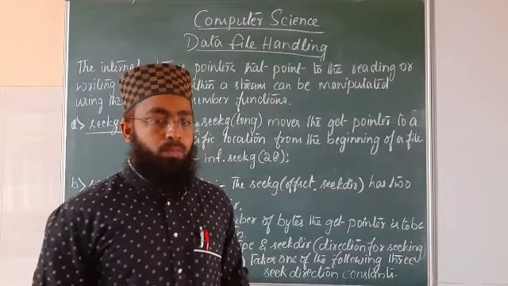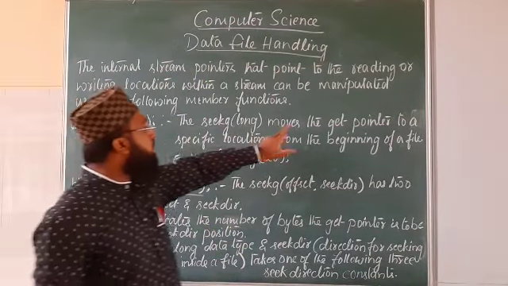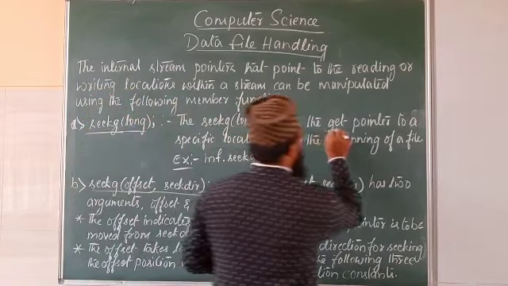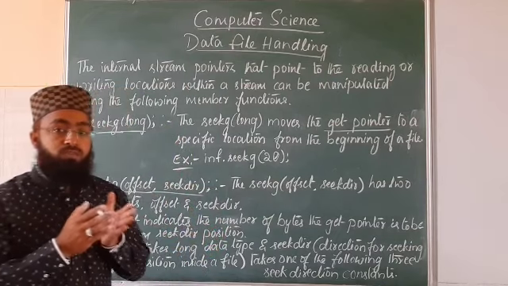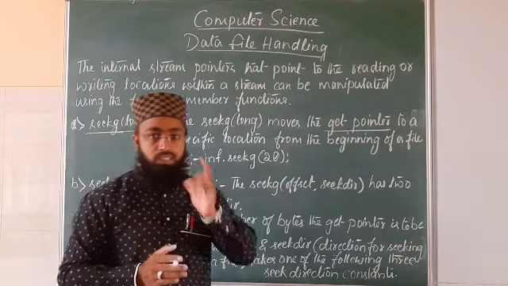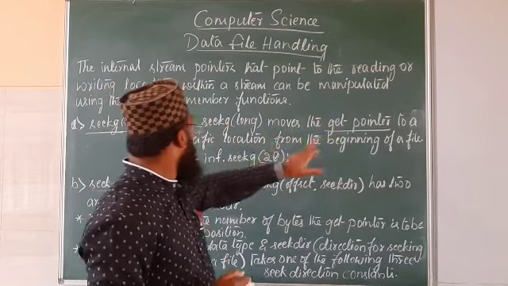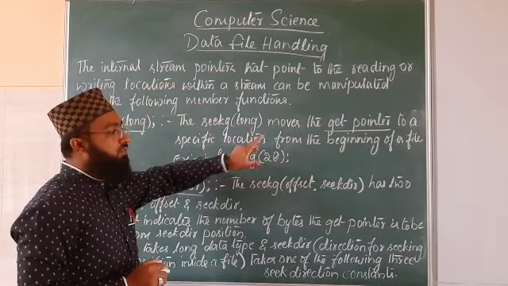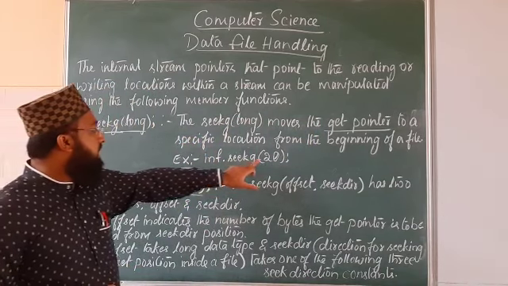Now come to seekg(long). The seekg(long) moves the get pointer. You need to remember where the get pointer comes and where the put pointer comes. That's the main thing. The seekg(long) moves the get pointer to a specific location from the beginning of the file. Example: inf.seekg(20).